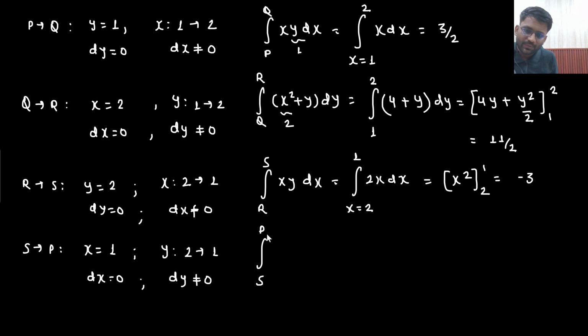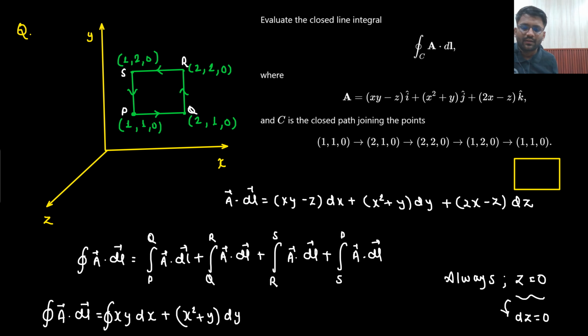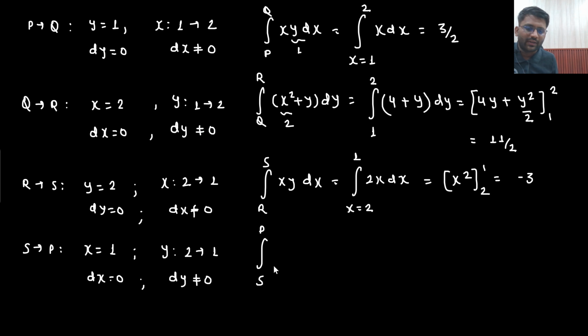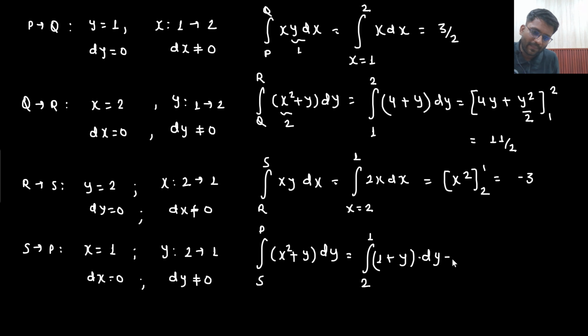From S to P, the integral is x square plus y dy, with y going from 2 to 1. X square, x is fixed at 1, y as it is, dot dy. So y plus y square by 2, from 2 to 1.